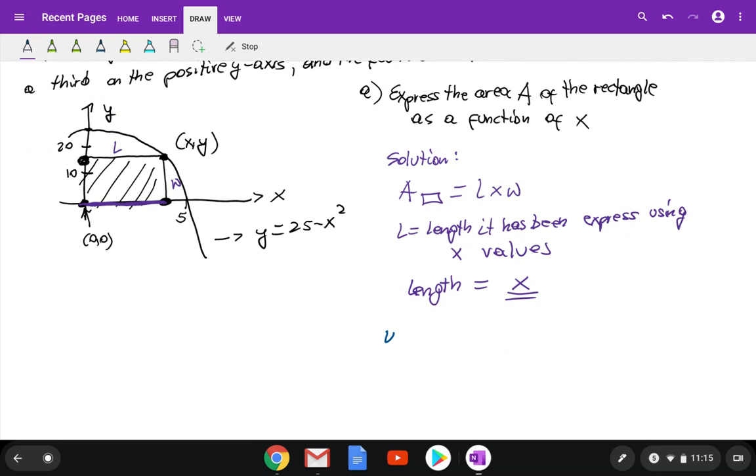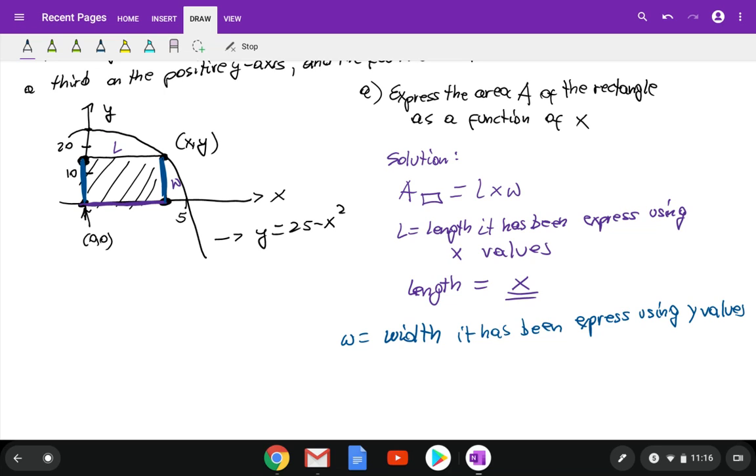Okay, let's talk about width. The width of this rectangle, like you see, is represented by y values. That's technically the height of the graph. So the width is being expressed using y values.